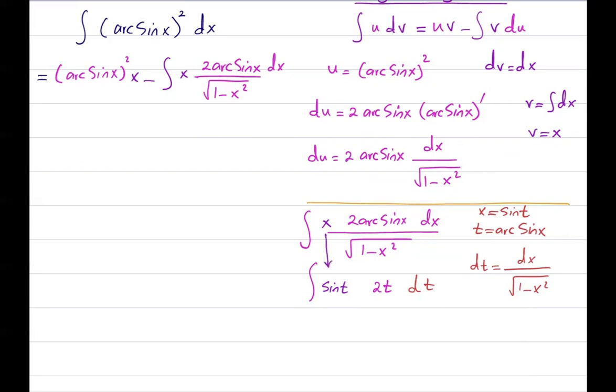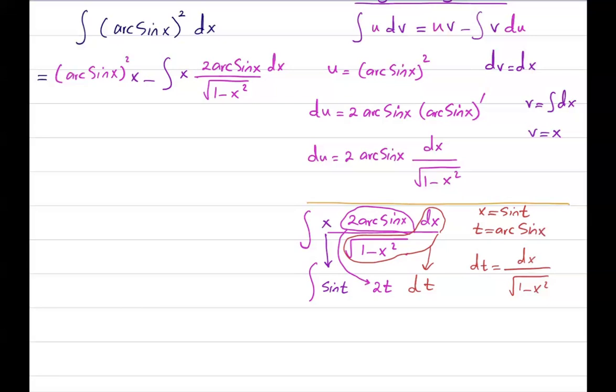Wherever I see 2 times arcsine of x, this becomes 2t, and wherever I see dx divided by square root of 1 minus x squared, it is just dt. This is just 2t and the rest.